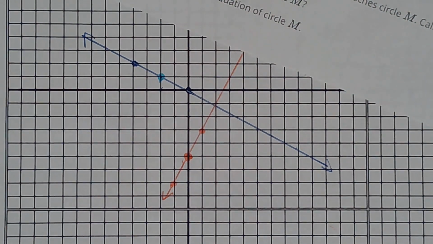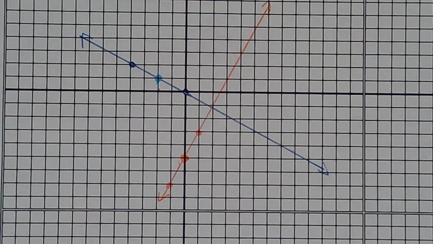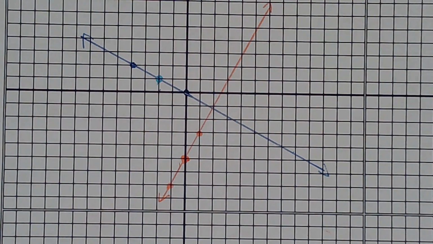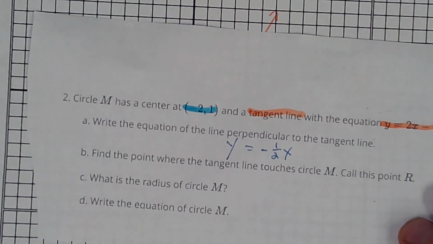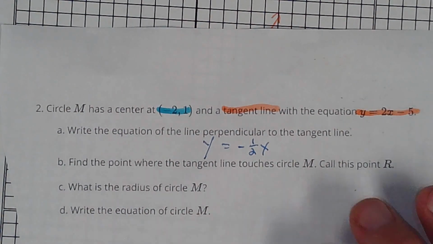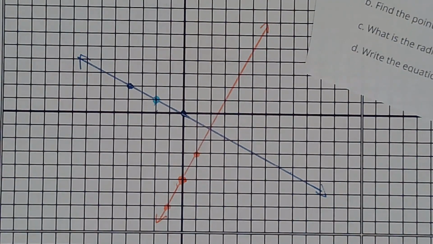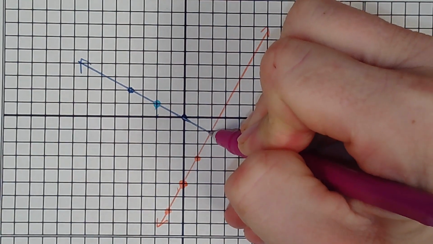What's the next question here? Find the point where the tangent touches circle M, and call this point R. Well, where would this point touch circle M? It's going to touch here at this point right here.